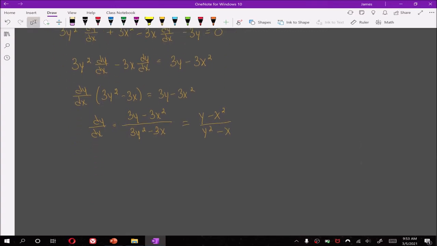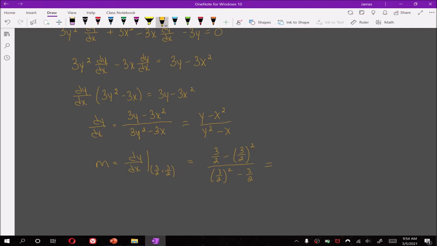Now remember, dy dx is the slope of the tangent line. Since we want this at the point 3 halves, to find the slope, we take dy dx and evaluate it at the point 3 halves. Doing this, we'll have 3 halves minus 3 halves squared all over 3 halves squared minus 3 halves.